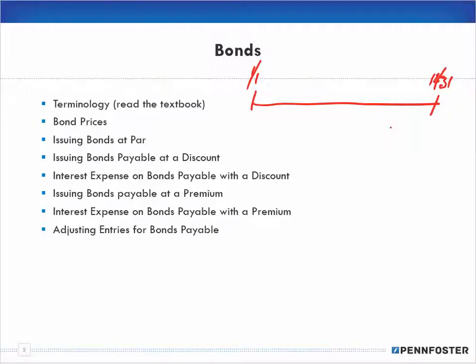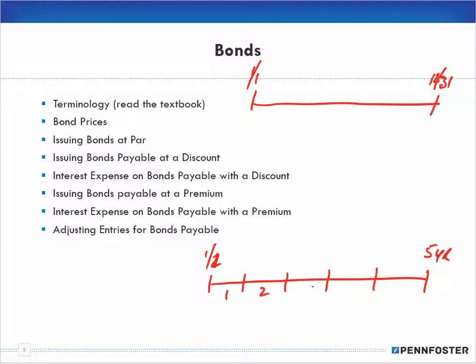Now this is a 1-year period, but bonds can also be for multiple year periods. Let's say this is 5 years here, right? So this is 1-1, and this is year 1, year 2, year 3, year 4, and year 5. So this is 1, 2, 3, 4, and 5.